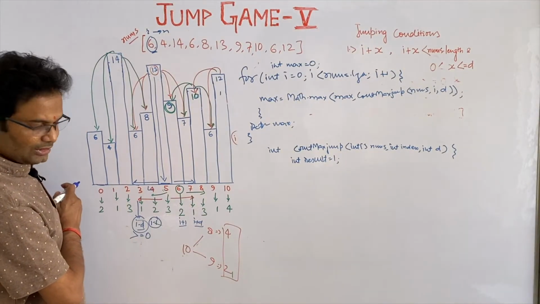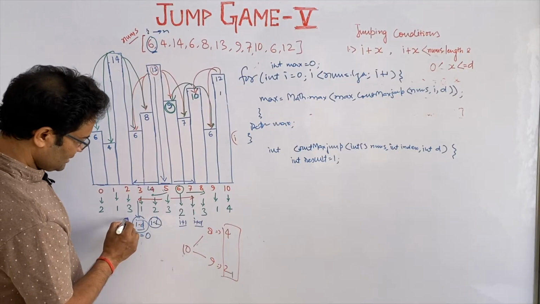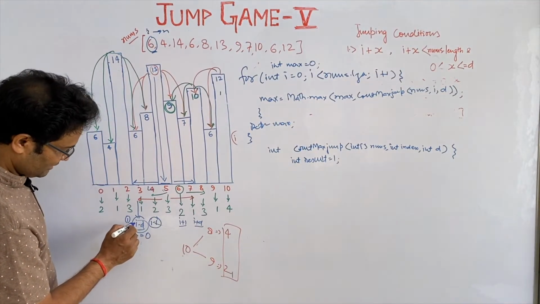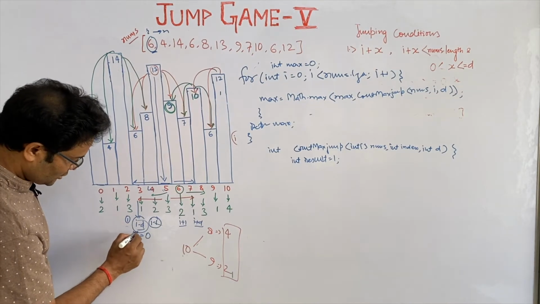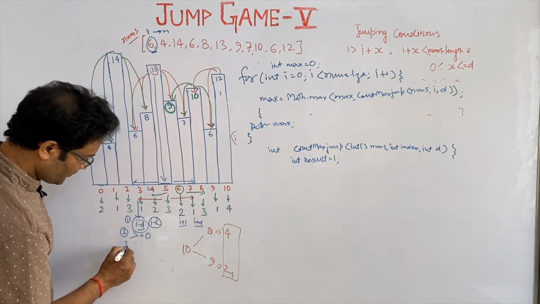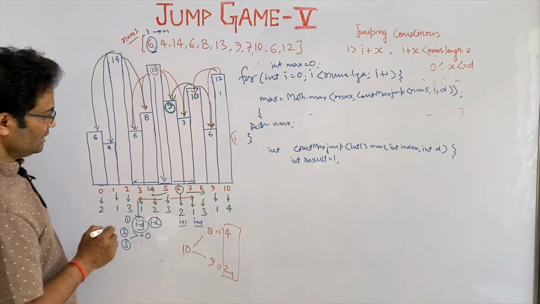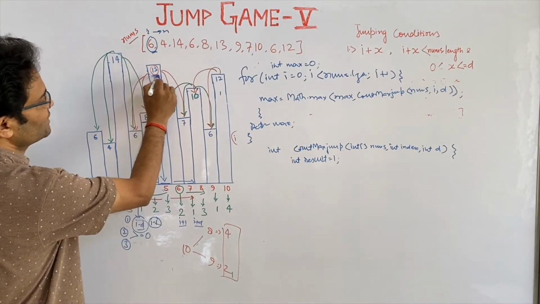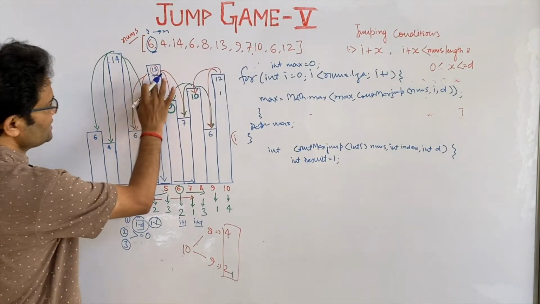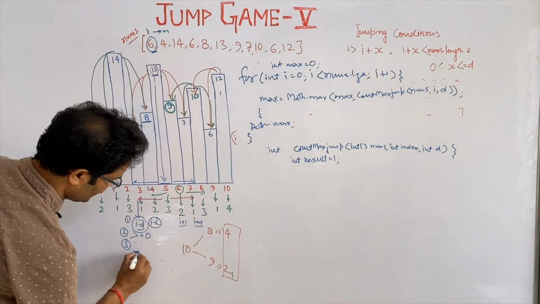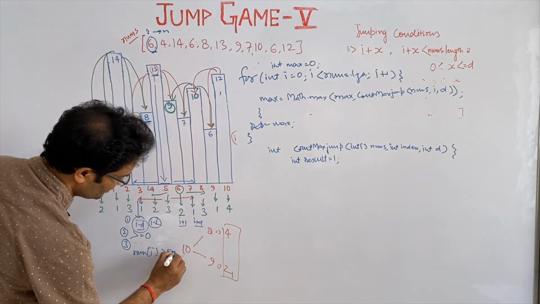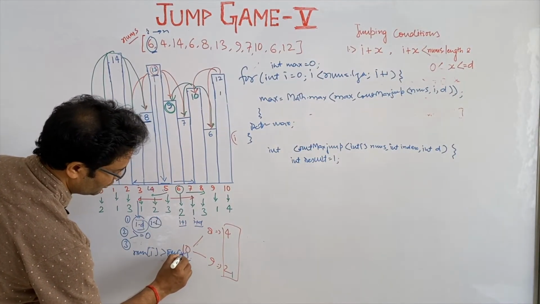It should not come here. So this is the first condition, always greater than 0. It should not be less than the I minus d, should always be greater than 0, too. And the third condition, this value should not be greater than this one. So this value means nums should always be greater than nums k value or j value, whatever.